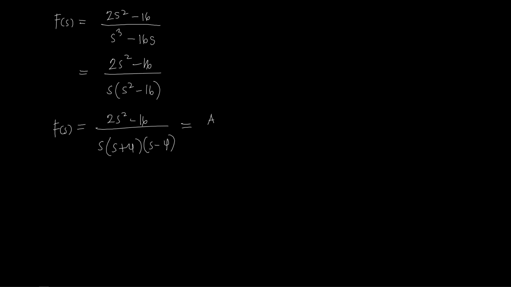Okay, so we have A over S plus B over S plus 4 plus C over S minus 4. Ato na dra, multiply tanan by S times S plus 4, S minus 4. Probably, cancel out this one.